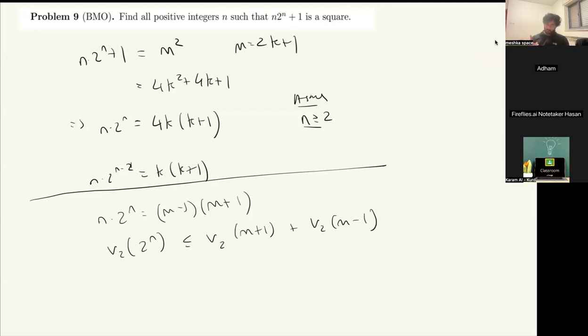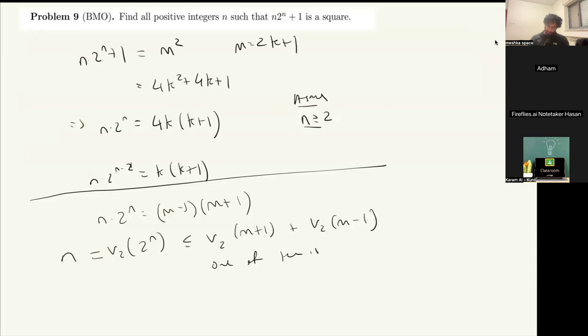Okay, so one of these must be 1, and your argument is because they differ by 2, right? Yes. Great. And the left-hand side is n. Right, that's right. So what do we have?